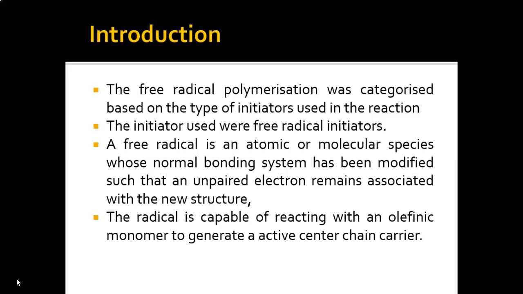So, in general, ions may be produced when the double bond monomer is subjected to electrophilic or nucleophilic attack, and it will form a Lewis acid such as boron trifluoride in an anionic or cationic polymerization.